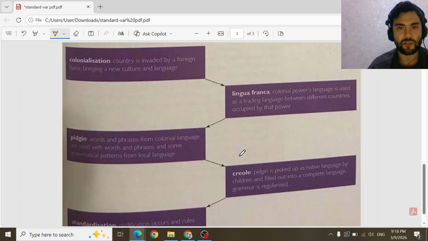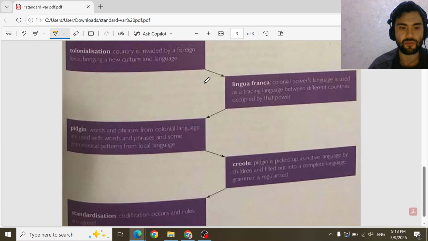Another interesting one is about those stages of language in contact. So several processes are mentioned here, which is colonialization, then lingua franca, a dominant colonial power's language. Pidgin is something that is a mix, a non-written one.